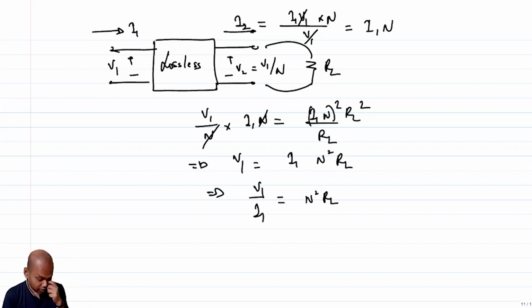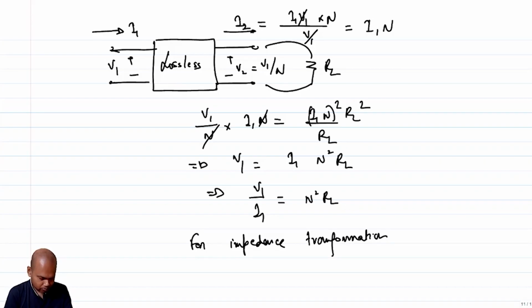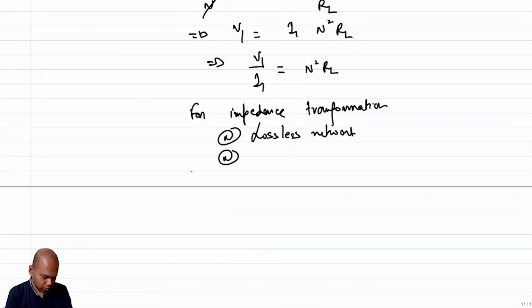The key thing to note is that for impedance transformation, number 1, we need a lossless network, and number 2, we need a step down or a step up of voltage. That's all we need.